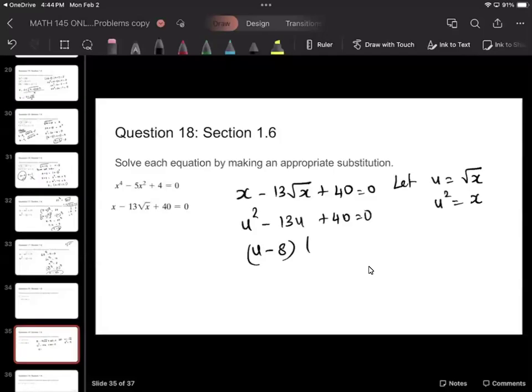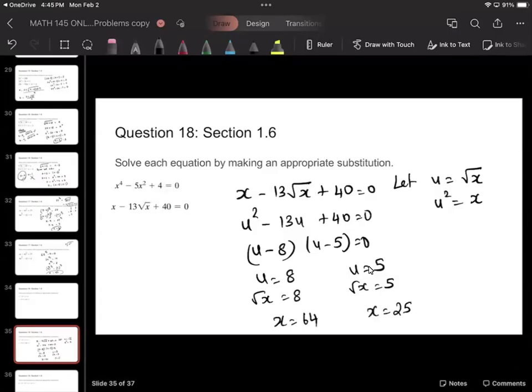So 8 and 5. So u is 8, u is 5. But what is u? Square root of x is 8, square root of x is 5. Square both sides, x is 64, x is 25. So these are the two solutions here, okay? Because here I'm squaring both sides. Previous one, I square rooted both sides, okay?